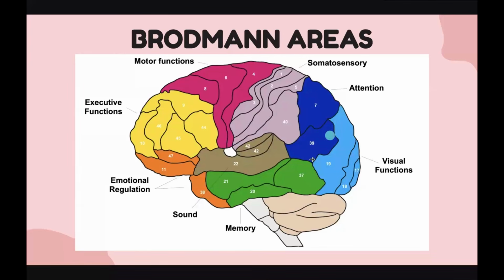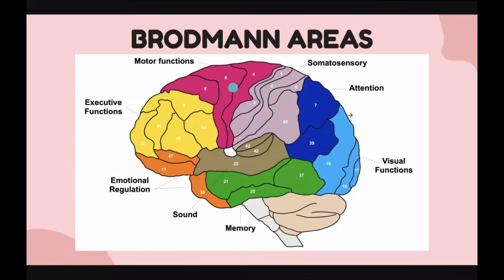There are, I think, around 50 areas or so of the Brodmann, but of course we're not going to memorize them all. But the ones that we memorize, you have to memorize by name and by number, because sometimes in the exam questions they reference it by name, and sometimes by number. So please make sure you memorize both.